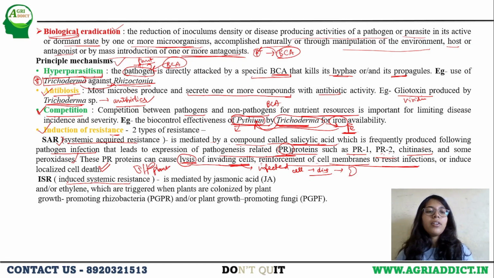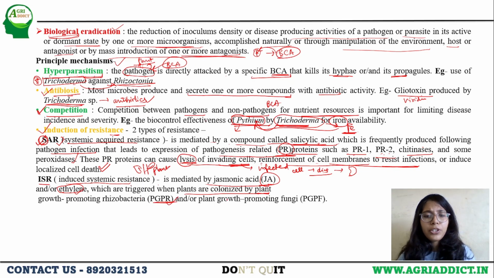And the other type of resistance is known as induced systemic resistance. It is mediated by jasmonic acid or ethylene. So you need to remember which compounds induce which type of resistance. SAR, you can remember from the name: S stands for salicylic acid. And ISR is induced by jasmonic acid and ethylene, which are triggered when the plants are colonized by various plant growth promoting fungi or plant growth promoting rhizobacteria.